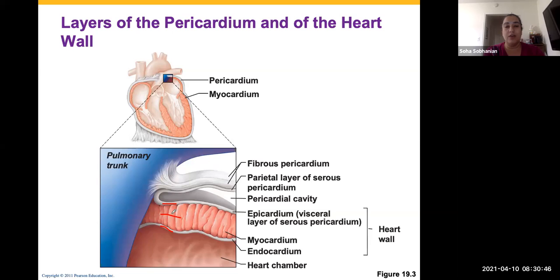The really thick one, that's kind of like muscle, that's your myocardium, which is basically your heart muscle. And this thin white layer that's lining the inside of the heart, that's your endocardium. And this space right here is where your blood is circulating. Those are the cavities that are inside the heart.